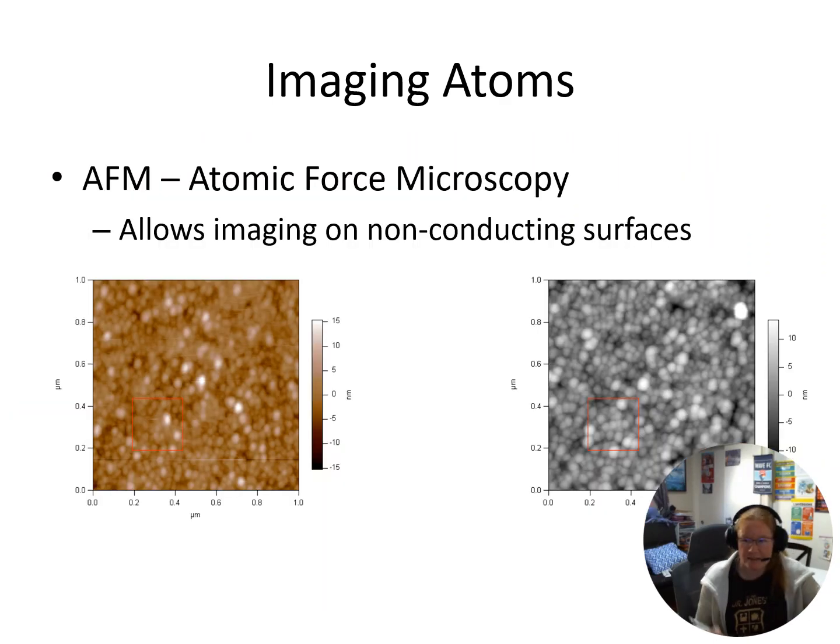We have developed another technique called AFM, which is atomic force microscopy, and this allows us to image things that are non-conducting. So these two images actually I got to generate when I was in graduate school.